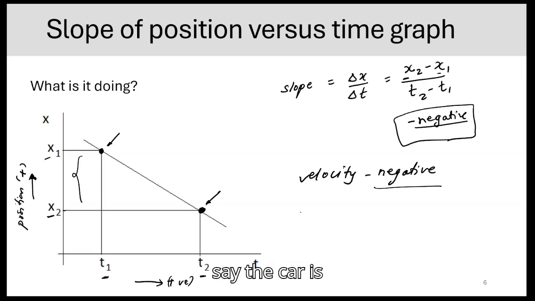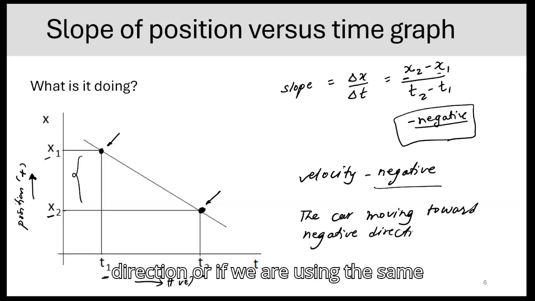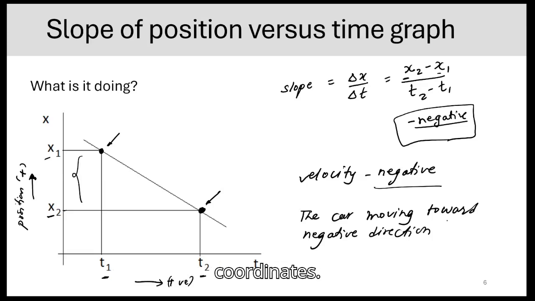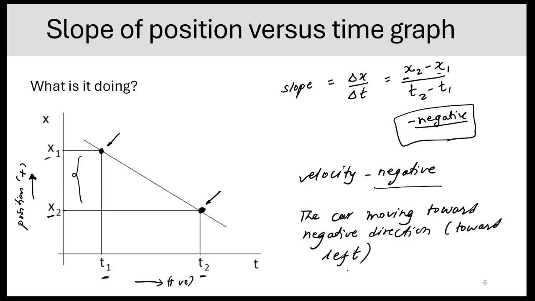Physically we can say the car is moving toward a negative direction, or, using the same coordinates, we can say the car is moving toward the left.